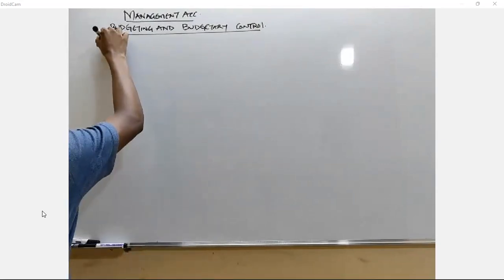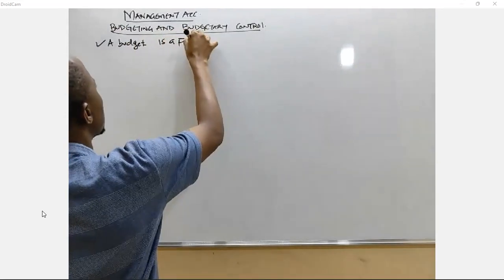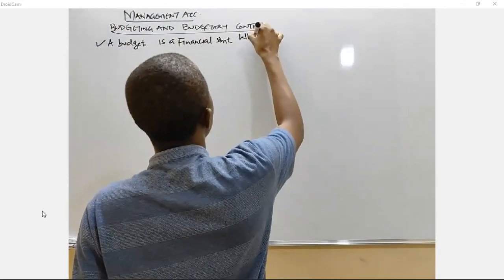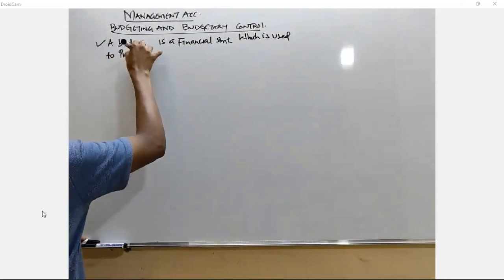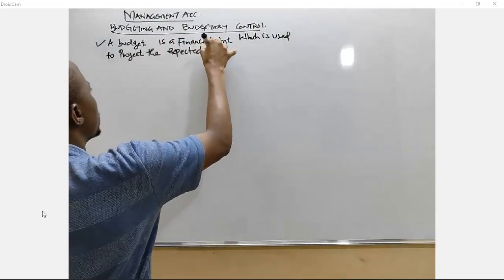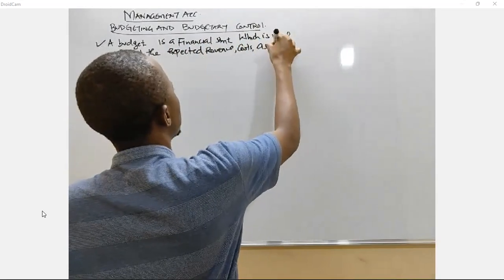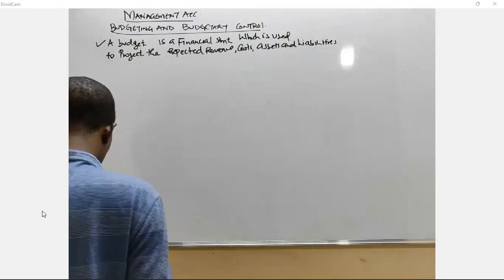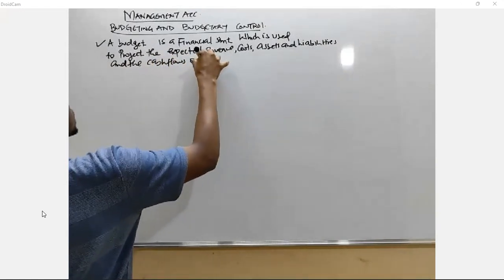So let me just say this: a budget is a financial statement which is used to project the expected cash flows or the expected revenue, costs, assets and liabilities, and the cash flows of the organization.